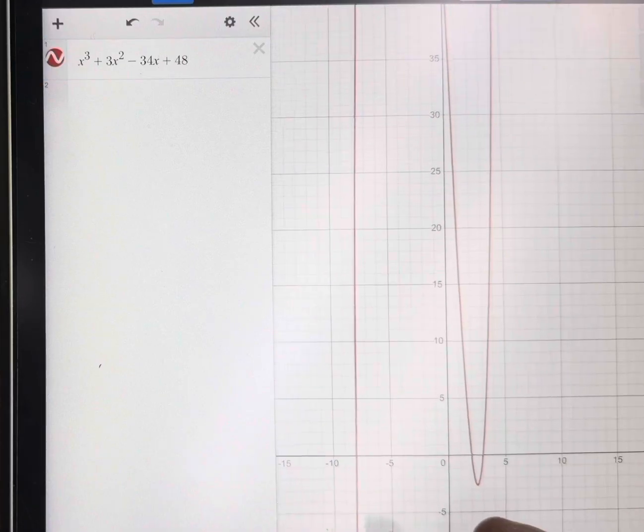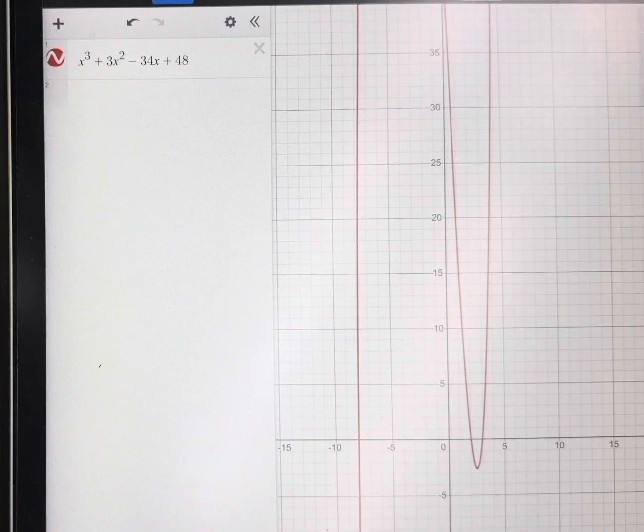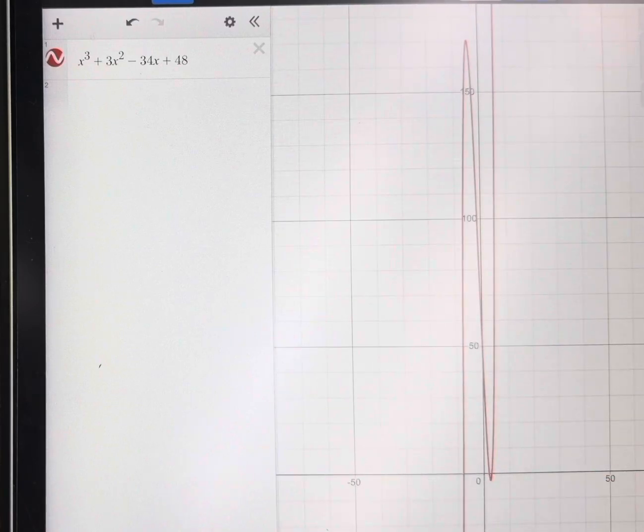Look at this. -8, +2, and +3. -8, +2, +3. Is this what we got?